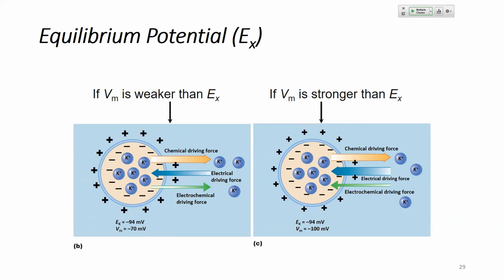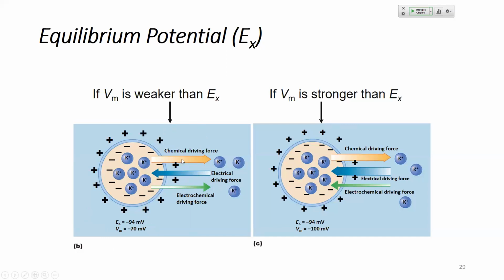So don't get too bogged down with memorizing any of these numbers. If you are to make a decision on any of these in an exam, for example, you will be given the membrane potential, and you will be given the equilibrium potential for that ion. Okay? And so, as we can see, the equilibrium potential here is stronger than the membrane potential, and so the direction of the chemical driving force wins, or is more dominant.